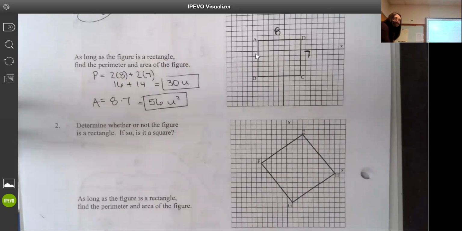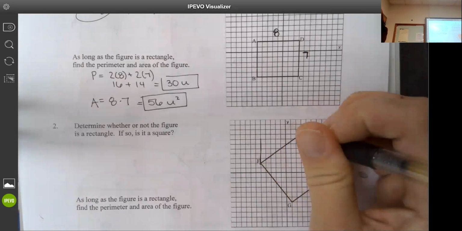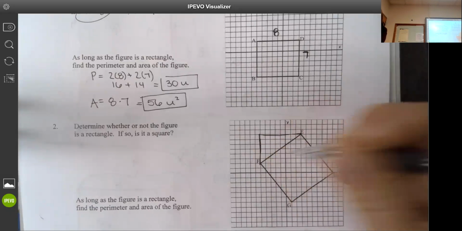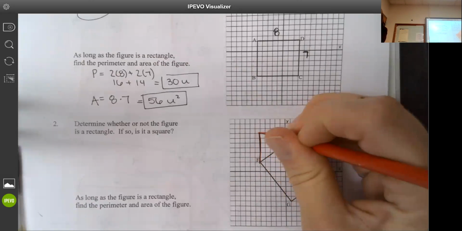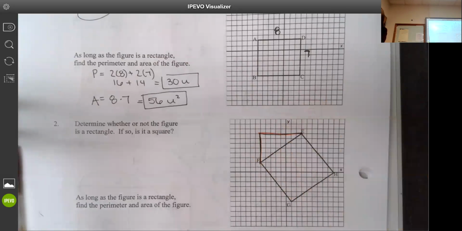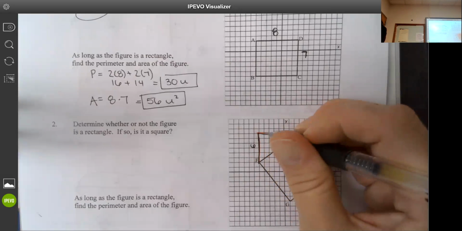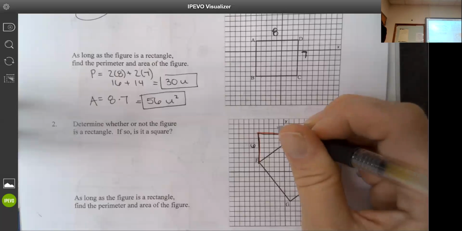And anytime your shape's lying flat, you can just use your formulas. When you get to 2, which some of you are working on right now, you need to draw in your triangles. Let me do it in a color actually. Okay, so you're going to have a triangle here, which is 6, 8.